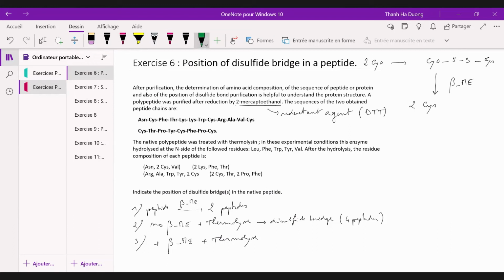So I will have cut here, tryptophan here, before valine here, tyrosine here, and phenylalanine is here. Okay? So if I did the third experiment in the presence of mercaptoethanol and thermolysin, how many peptides should I have obtained?